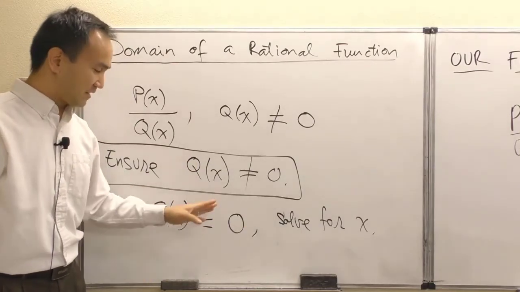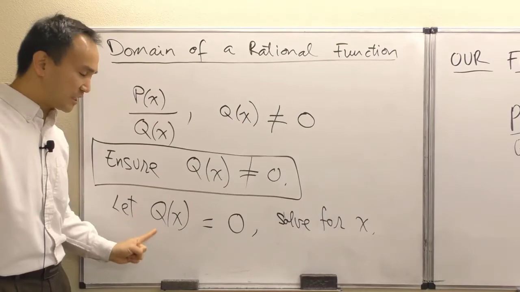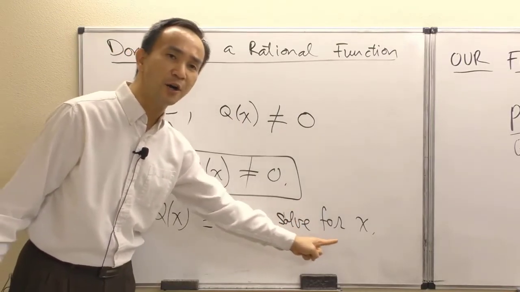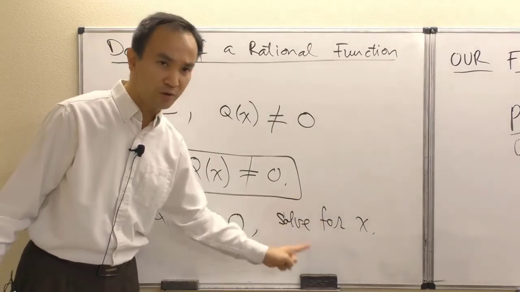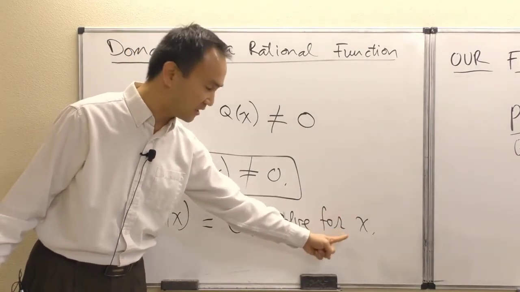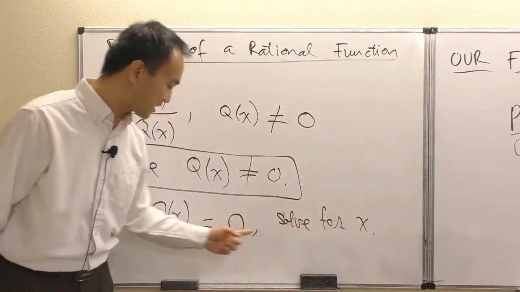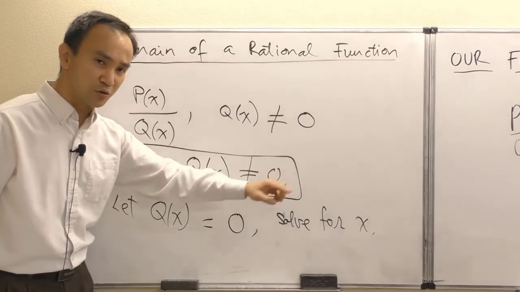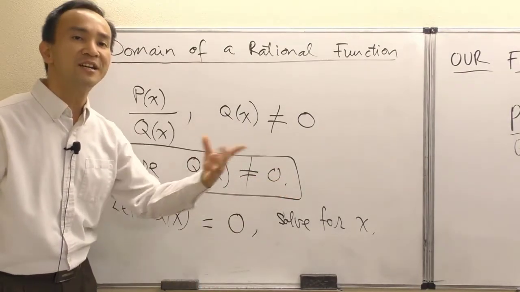Then upon letting the denominator equal 0, we should be able to solve for all the x values, maybe one singular value or a lot of values for x that satisfy the denominator equals 0. Those x values will eventually be regarded as the bad guys.